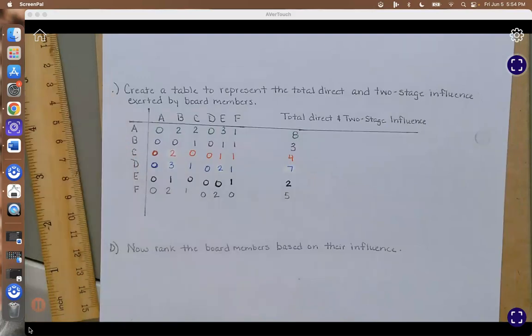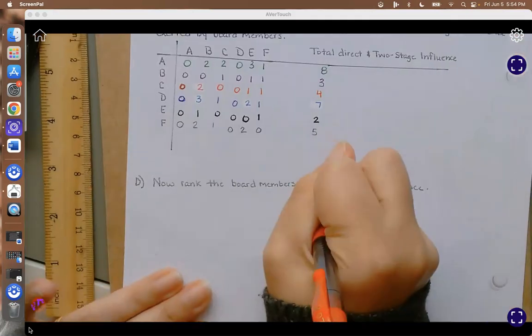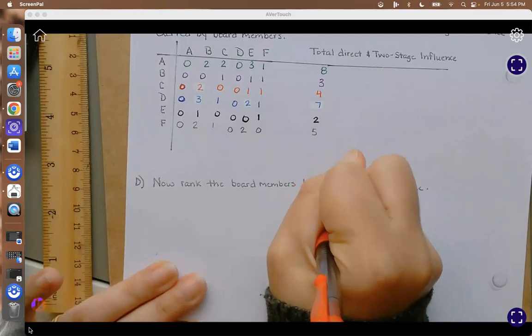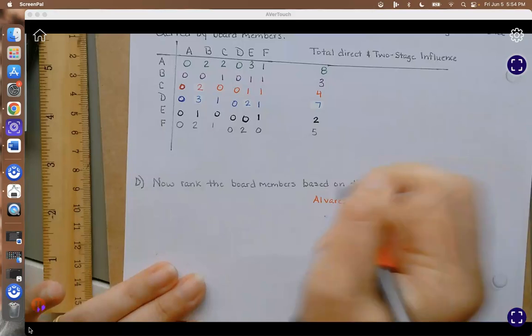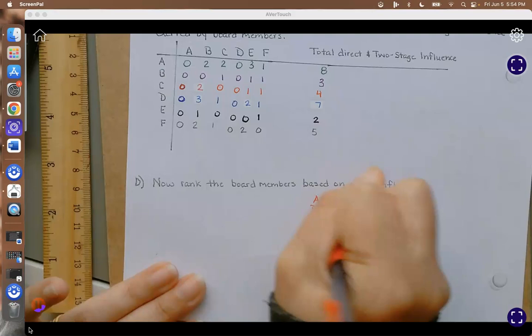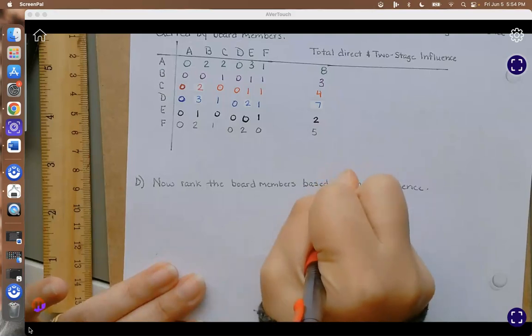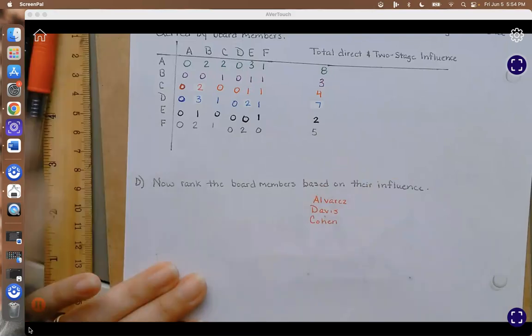Okay. So now we rank the board members based on their influence. So we'll go Alvarez. Then we'll go Davis. Then you want Cohen. Nope, you want Ferraro.